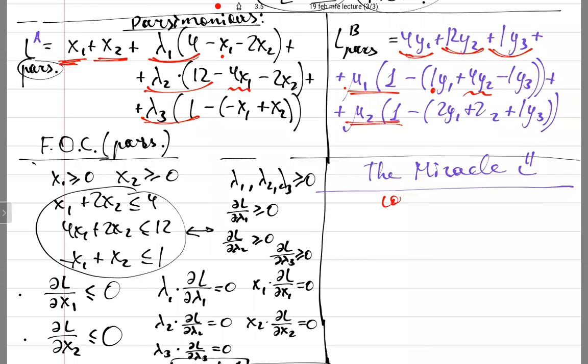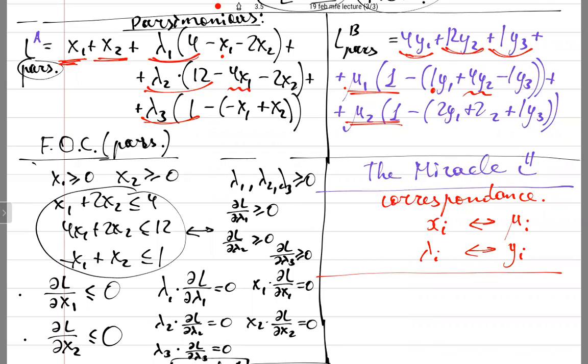Let's look at the correspondence. X corresponds to mu, and lambda corresponds to y.